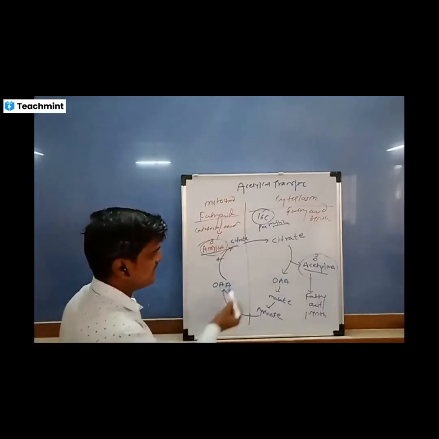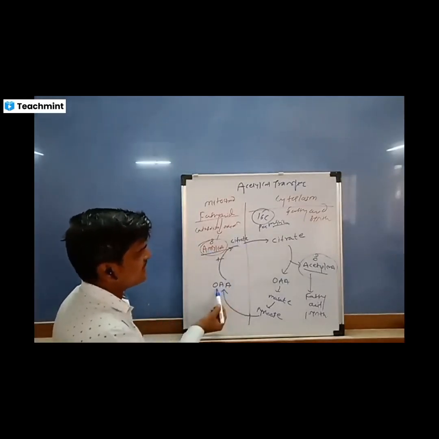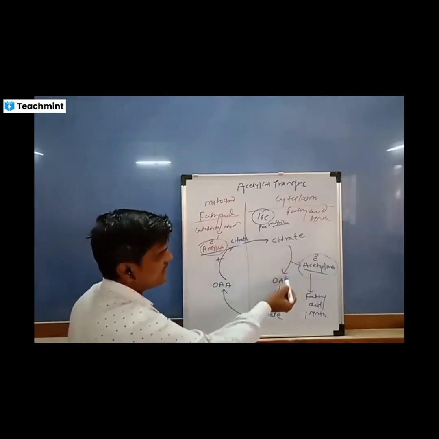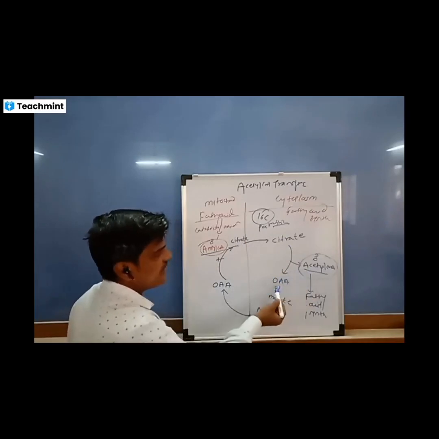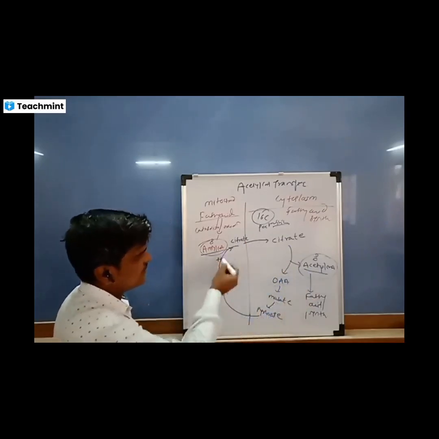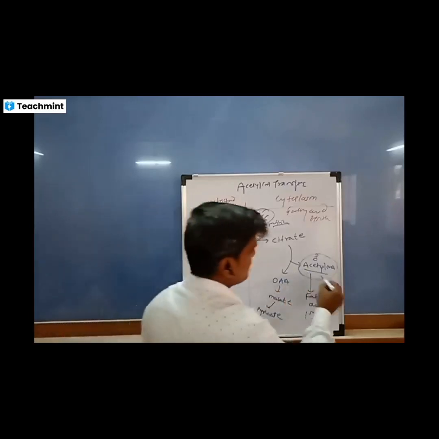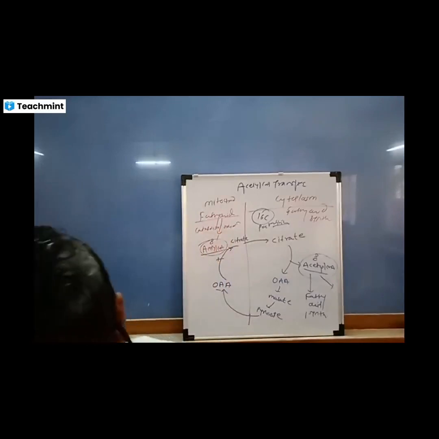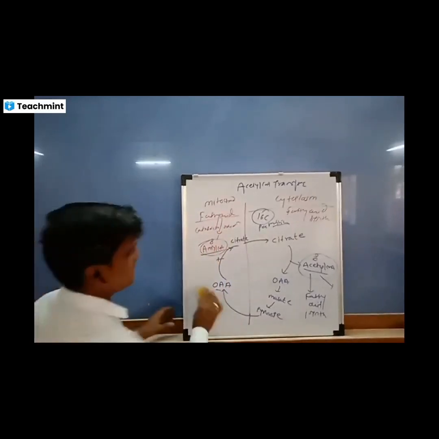To form citrate, the acetyl-CoA combines with oxaloacetic acid. Citrate enters the cytoplasm, is again hydrolyzed to form acetyl-CoA and oxaloacetic acid, which is further converted to malate, then pyruvate, and comes back to oxaloacetic acid. And the released acetyl-CoA is made available for synthesis of fatty acid. So this mechanism explains the acetyl-CoA transfer.